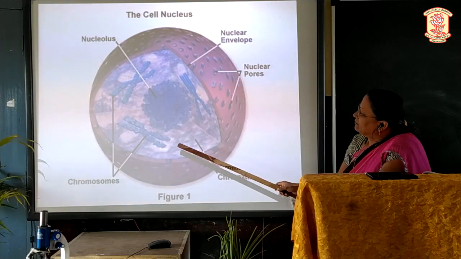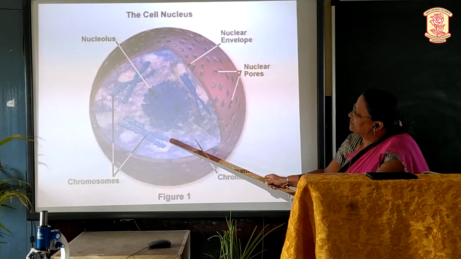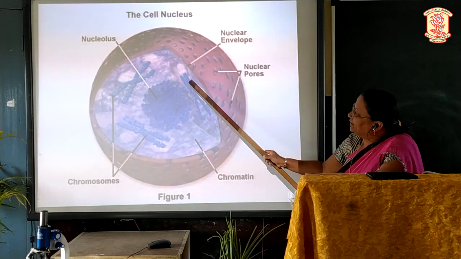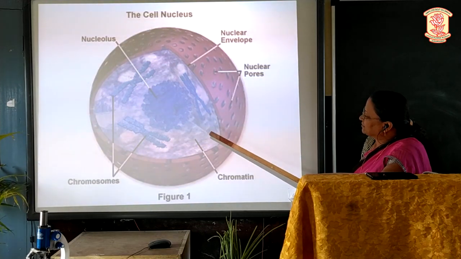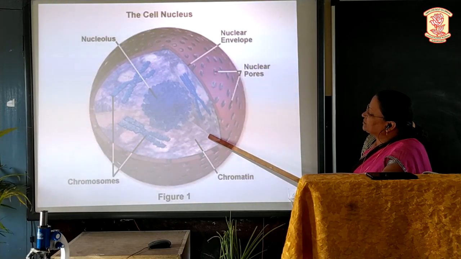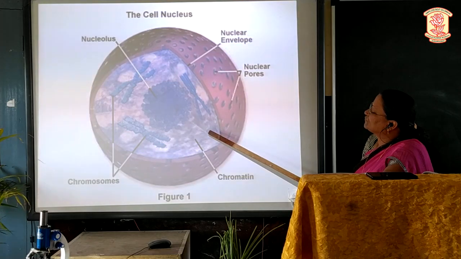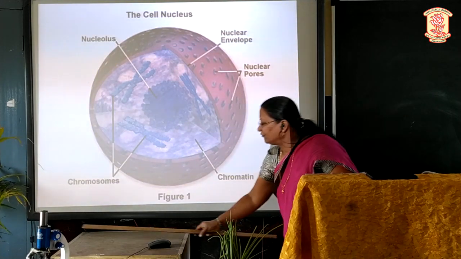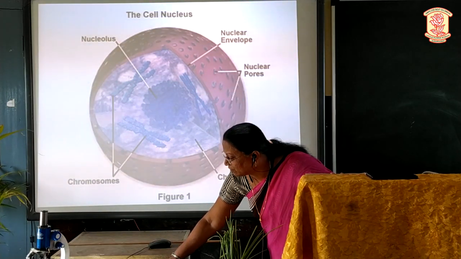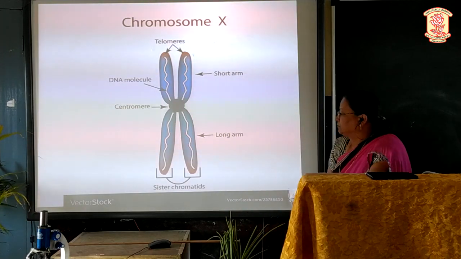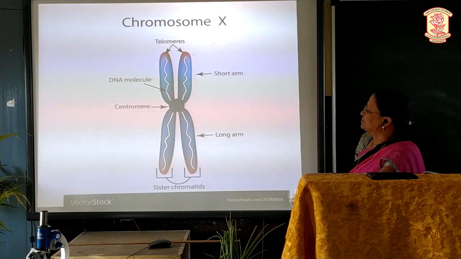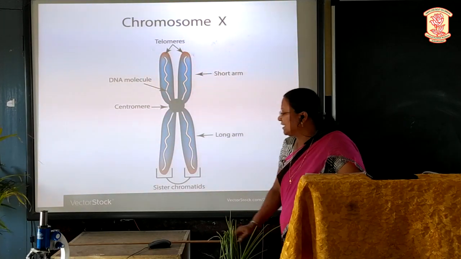the chromatin and chromosomes which are embedded, which look like X-like structures, which help in the process of cell division. Further in detail, we will learn about the structure of chromosomes, which we have already studied in standard 9.